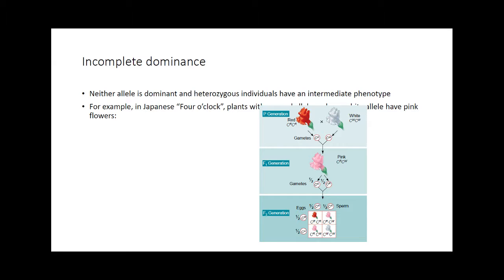But if you think about it, what is albinism? Being albino means it's not just making white, it's not making any pigment across your whole body. That's the reason why albino people have white skin, because their body isn't making any pigment. So if they had one allele for making pigment, they wouldn't be albino.